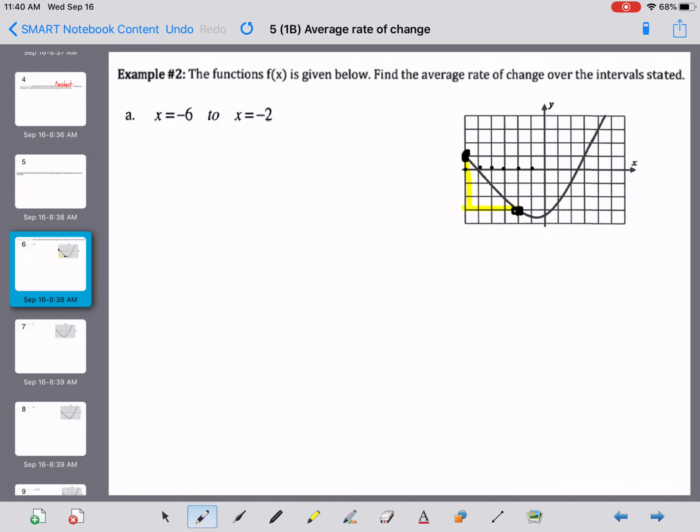And when we count here, we went 1, 2, 3, 4 down. And then we went 1, 2, 3, 4 to the right. So if we simplify that, we get -1. But if you want to get technical, rise over run, -4 over 4.